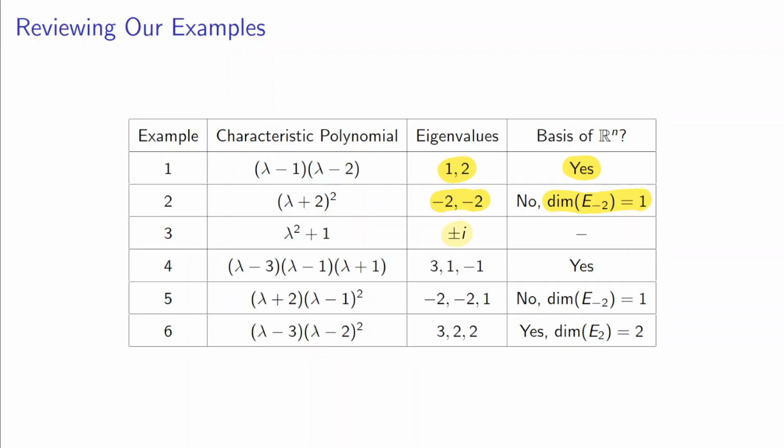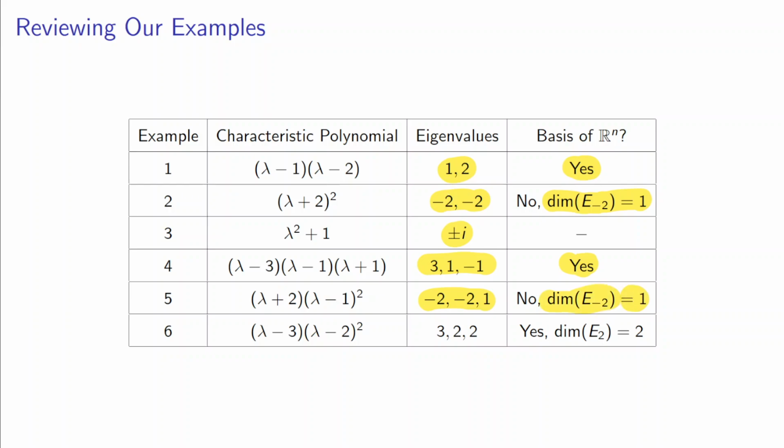The third example, we had complex eigenvalues. We're not going to explore that further in this class. For the fourth one, we move on to our 3 by 3 matrices. These are all distinct. And so, yes, this will form a basis of R3 since we have 3 distinct eigenvalues. The next one, again, I think this is correct, we have the repeated -2. However, the dimension of E sub minus 2 was only 1.